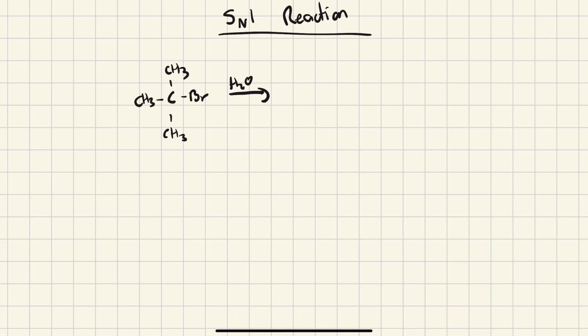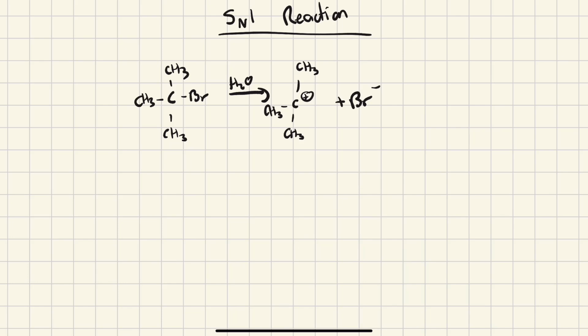Our first step here is going to be the removal of the leaving group, formation of the carbocation. Our product of the first step is our carbocation and our bromine anion. Our bromine is going to take those 2 electrons from that bond, leaving our tert-butyl group as a carbocation. So that's our first step.